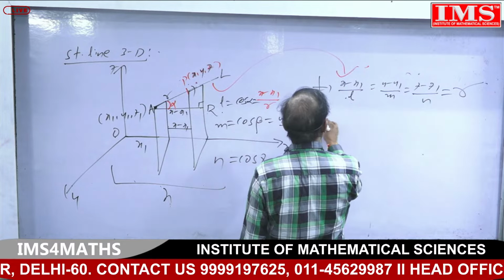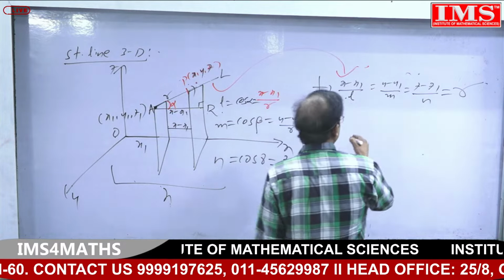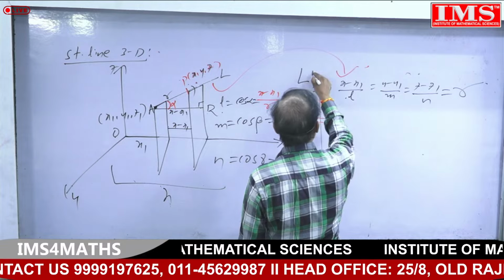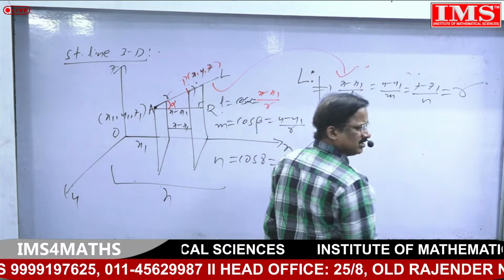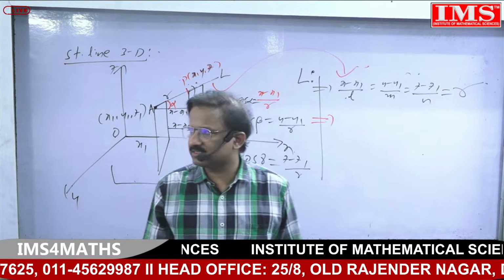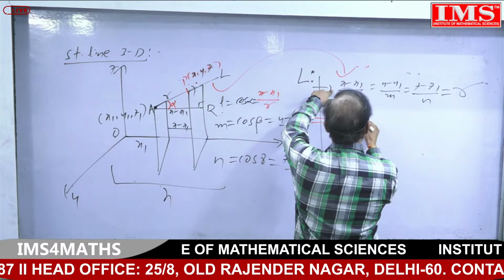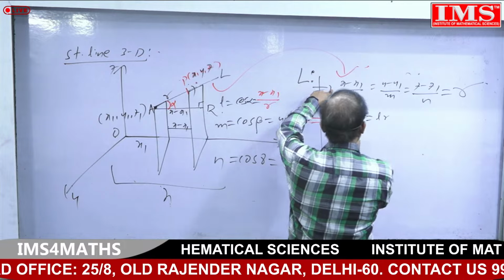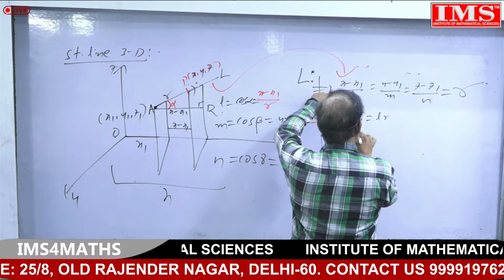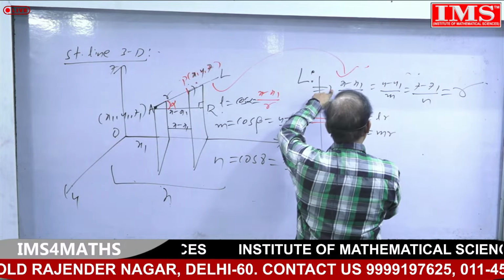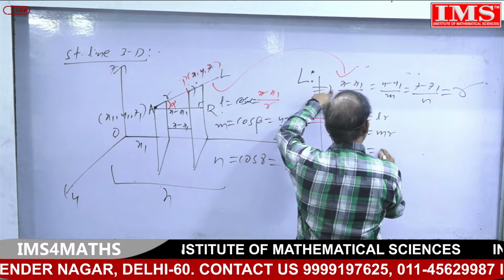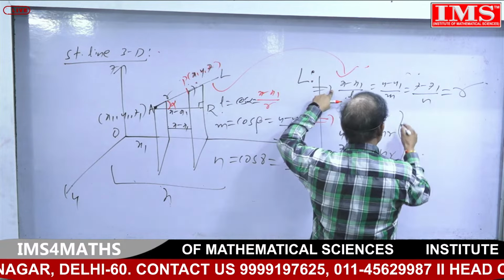It means that I can say this line is represented by how many equations generally? 3 equations or 3 fractions. And what are the 3 equations I would mention here? X minus x1 is equal to lr. Y minus y1 is equal to mr. Z minus z1 is equal to nr, isn't it?